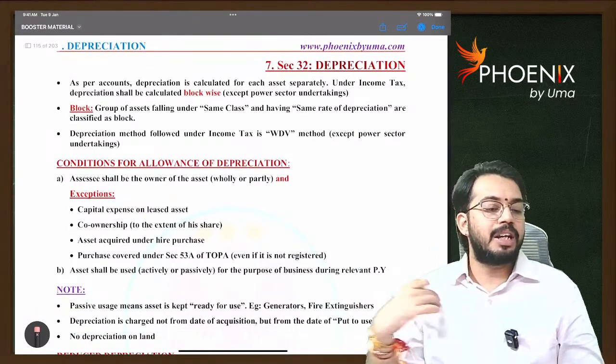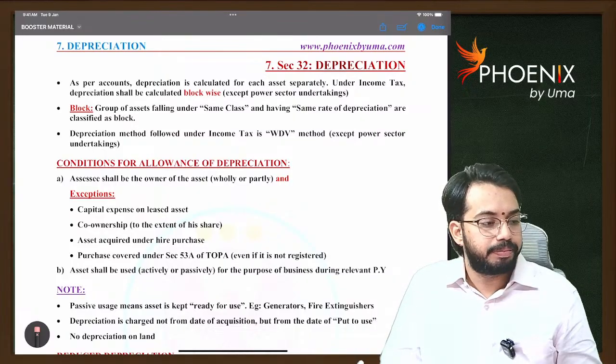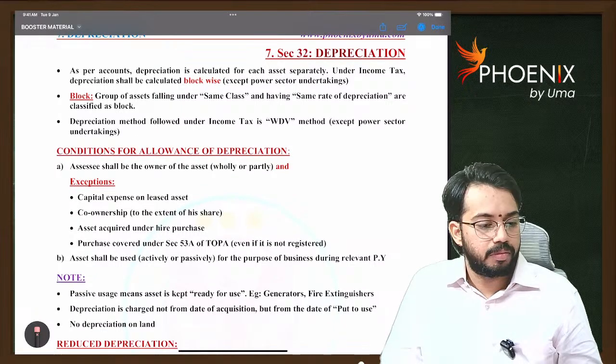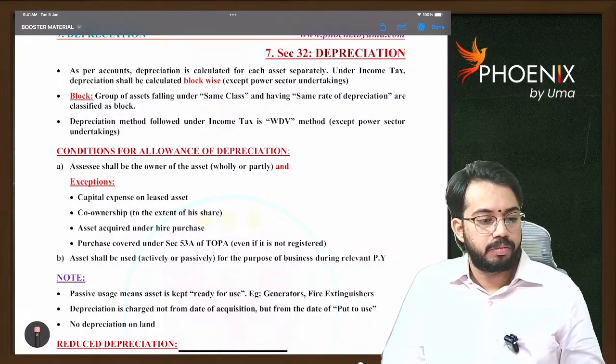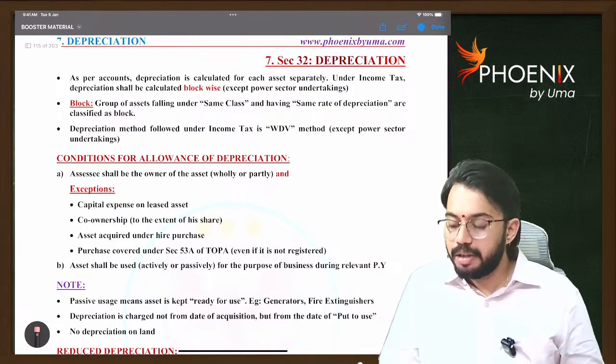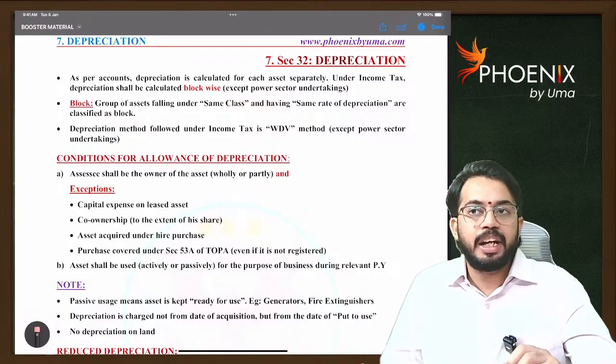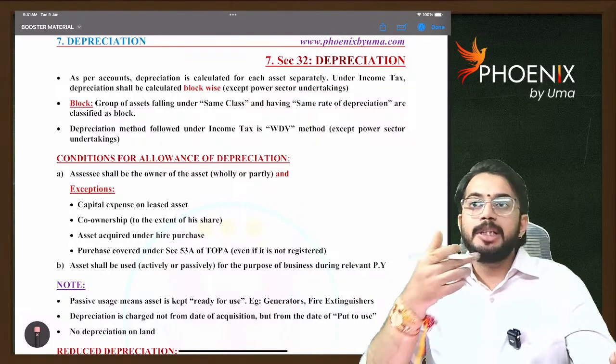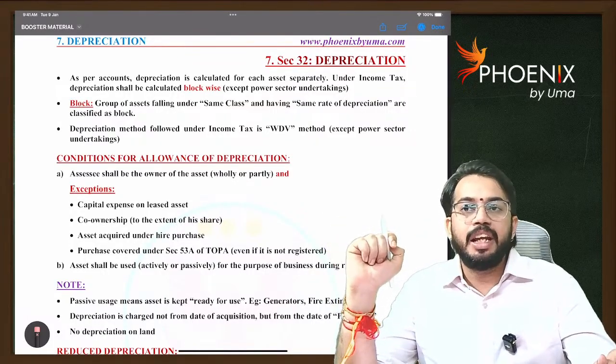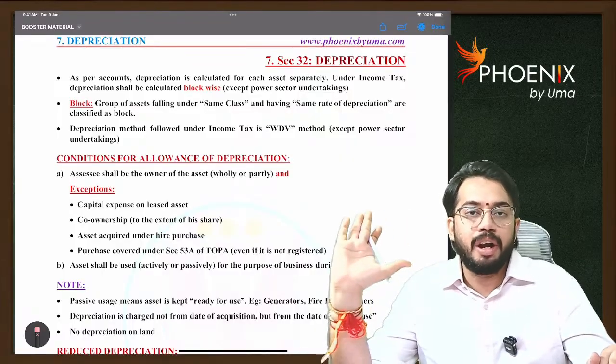Now, shall we discuss the concept of depreciation? Yes. See, as per accounts, depreciation is calculated for each asset individually, but as per income tax, depreciation is calculated for a group of assets, which is also called a block.